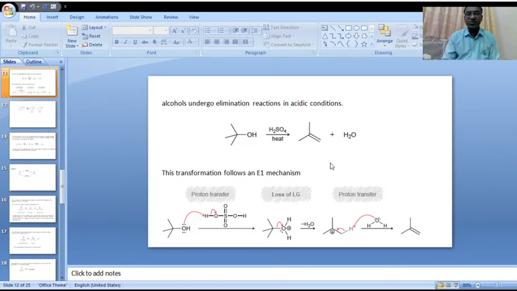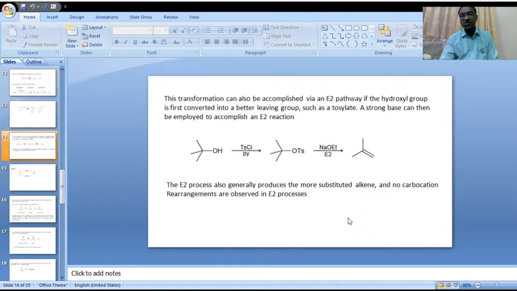This reaction proceeds via the E1 mechanism. In the E1 mechanism, a stable intermediate, a carbocation or carbonium ion, is produced in this reaction. This type of intermediate is not produced in the E2 pathway.